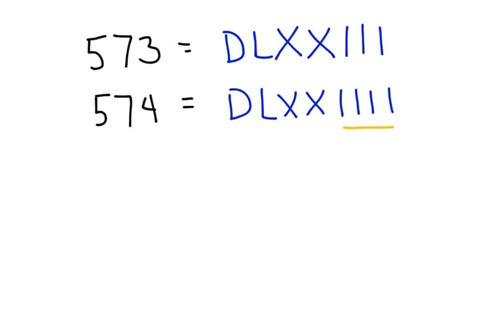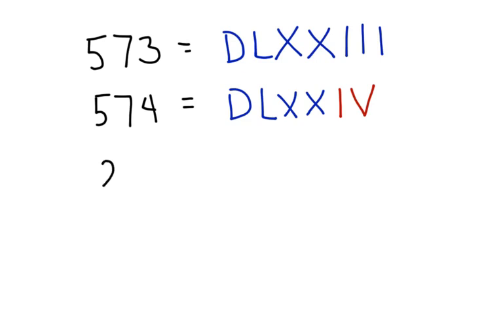So that's not the way that we're going to write the number 4. Instead, we know a technique for writing the number 4. We are going to use our subtraction, and we're going to say, well, if I want to write the number 4, I'm going to do 1 in front of a 5, and that's the number 4. So there's the number 574.